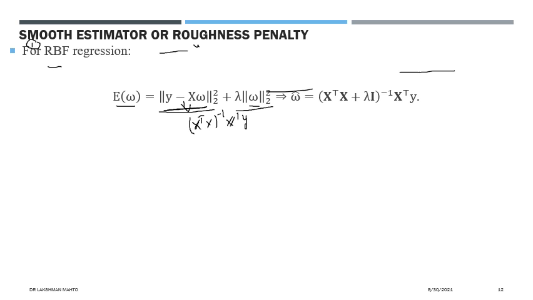This is also solvable, so you can solve it. What is the optimal solution of this? Because a smoothness is coming, and a square function is always smooth.